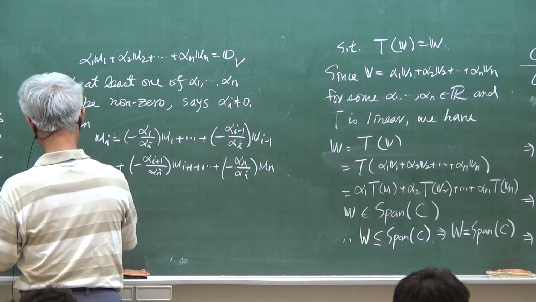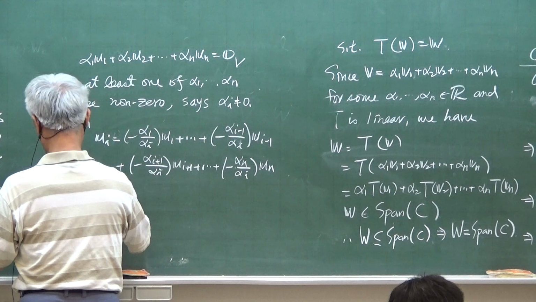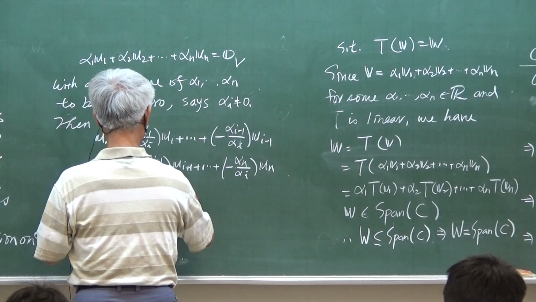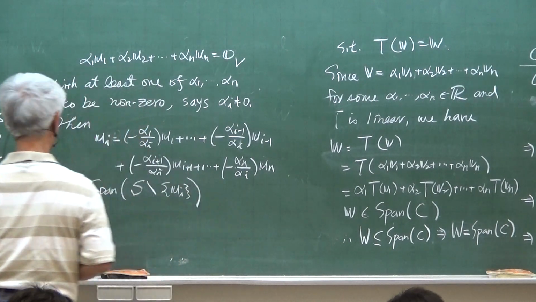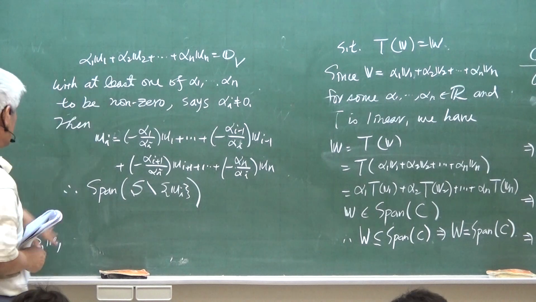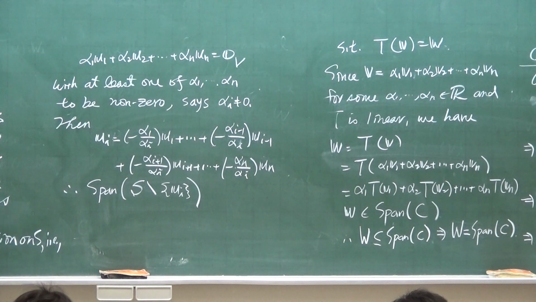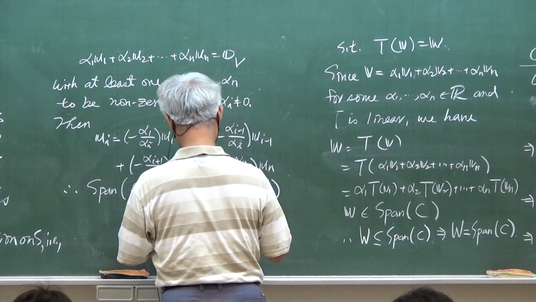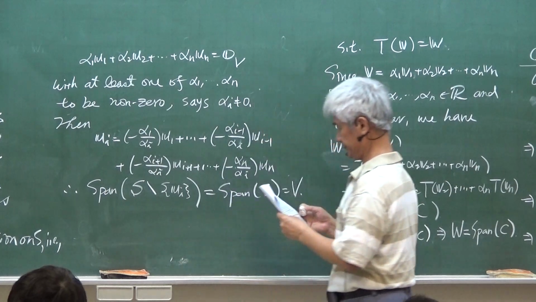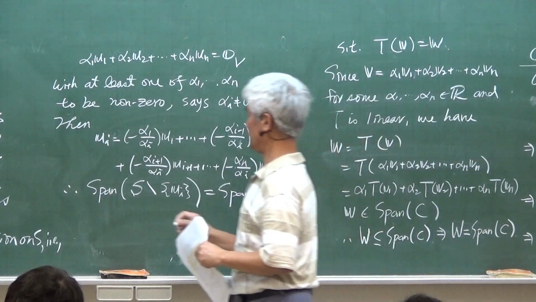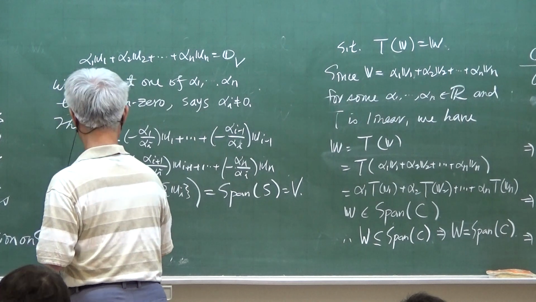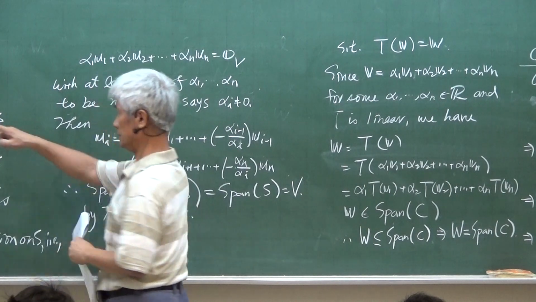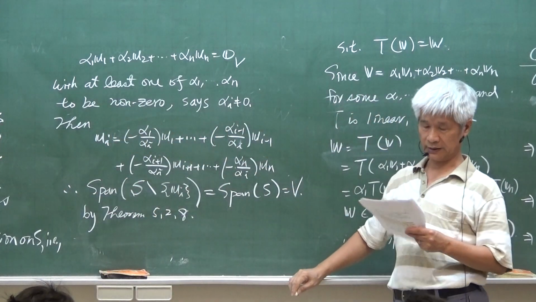Alright, what's that? So for the span of S, you can remove ui from the set S, and this set still spans V, by theorem 5.2.8. So from the theorem, we can remove one element out.